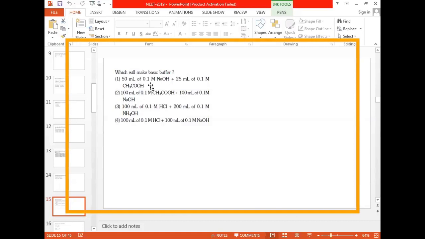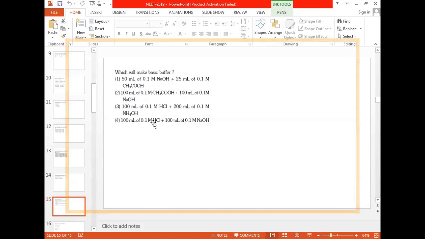Straight away I can go with option three. And the fourth one is a strong acid and a strong base. There is no buffer solution, there is no hydrolysis. Is it clear? If you know the concept, it is very easy to solve this problem.